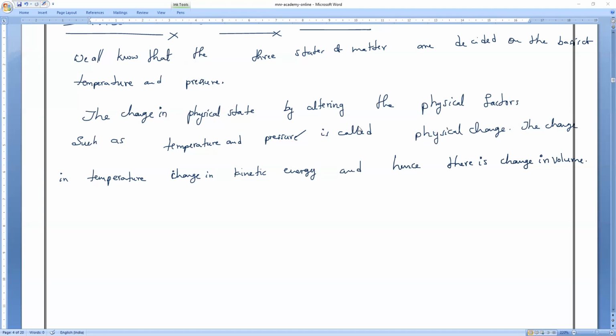When kinetic energy decreases, particles will come closer, so volume decreases. Understand? Everybody clear?